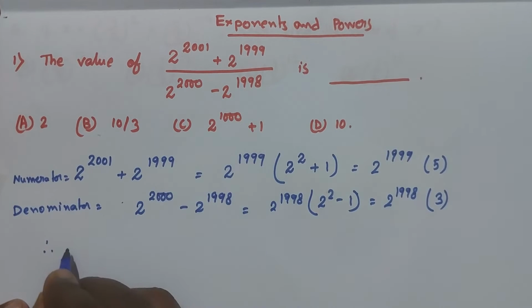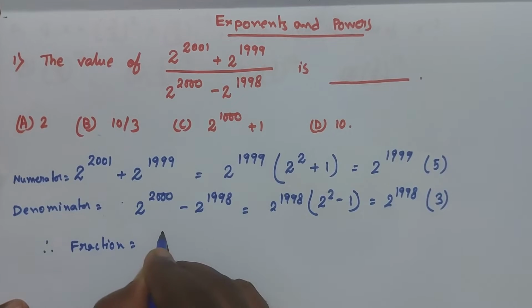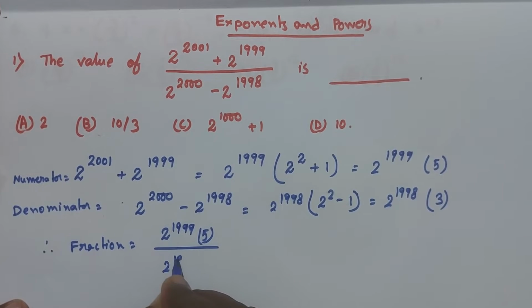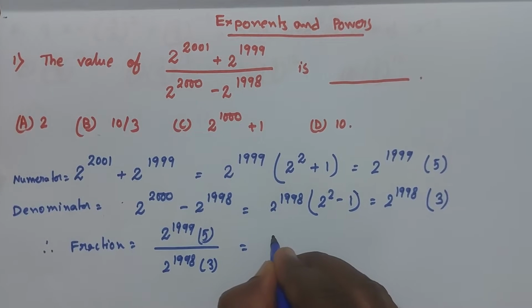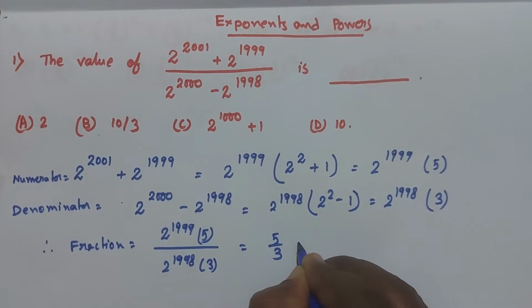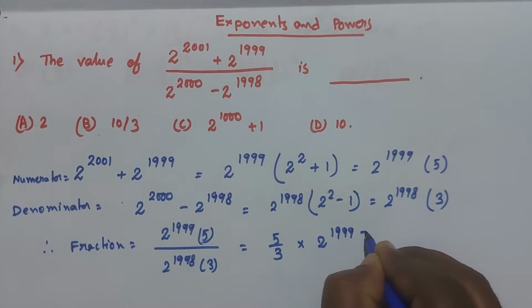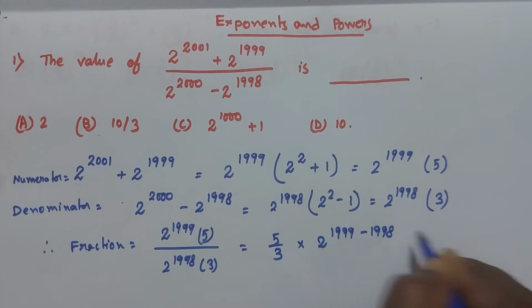Therefore the fraction is equal to 2 to the power 1999 into 5 by 2 to the power 1998 into 3. So now this is 5 by 3 into 2 to the power 1999 minus 1998.